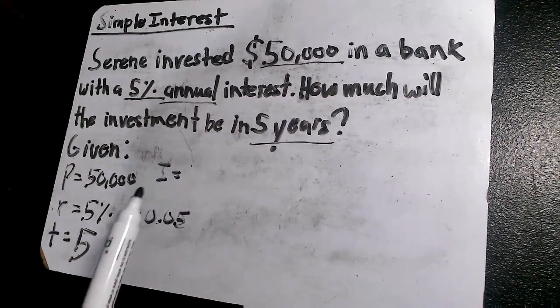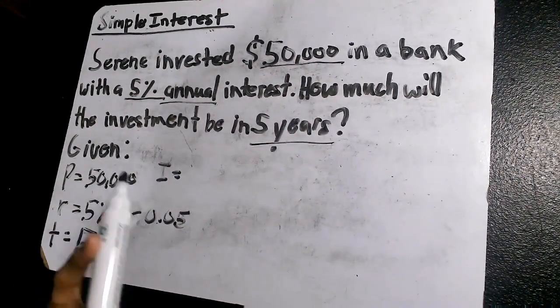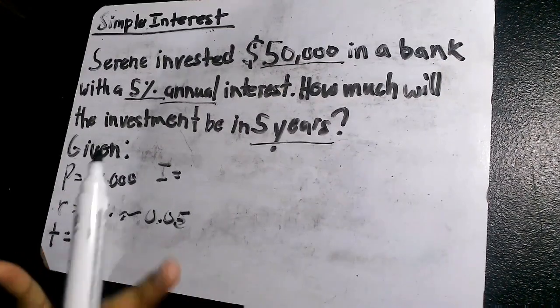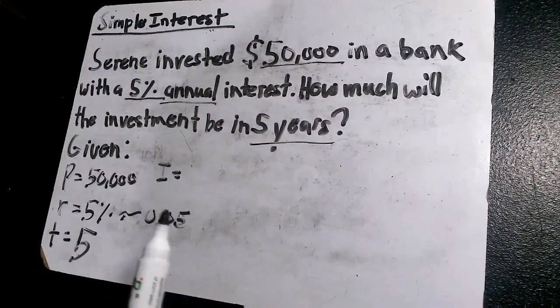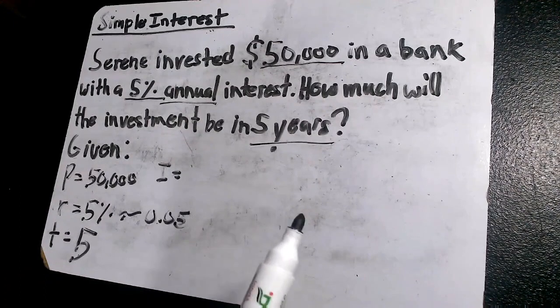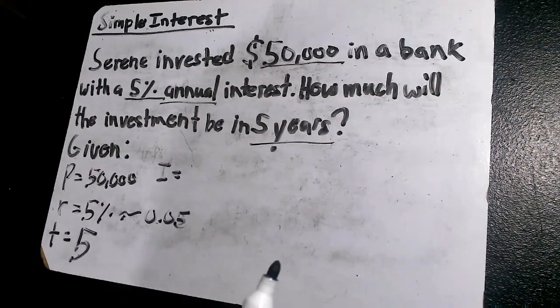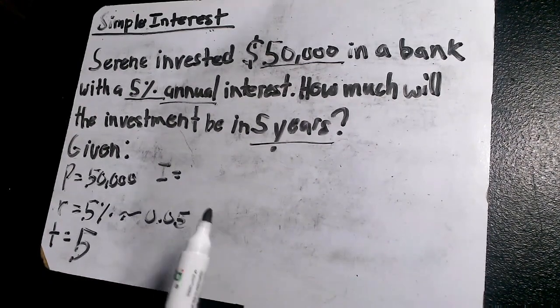And I, for interest, is missing because the problem asks how much will the investment be in 5 years, which is interest. So in this problem, we will look for interest.